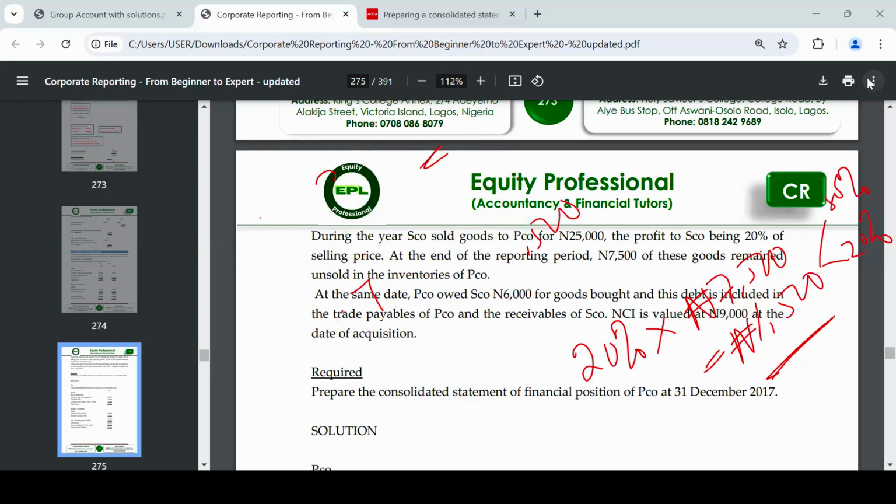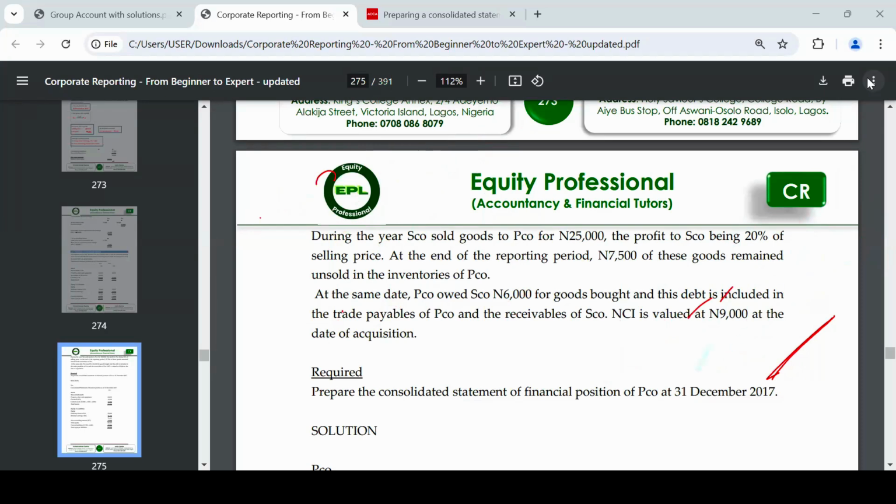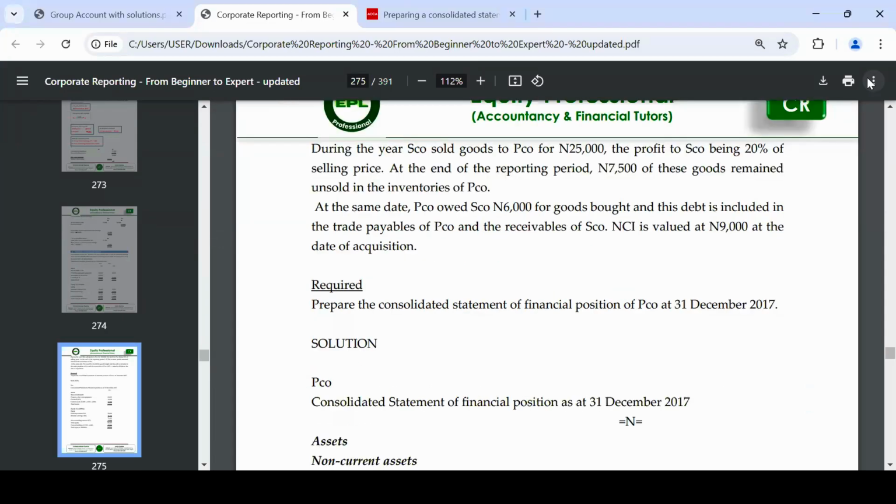Yes, sir. There's only one person that is answering. I thought the one you debit, that's for the group and the NCI, was dependent on who is selling, whether the parent or the NCI, or determine where we adjust for it. Yes, you are right.